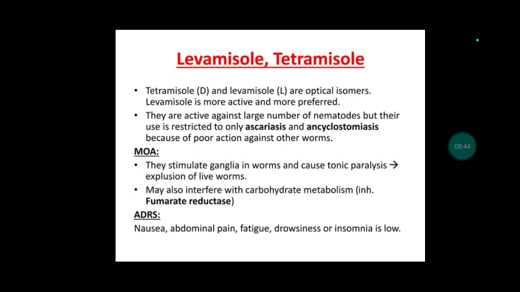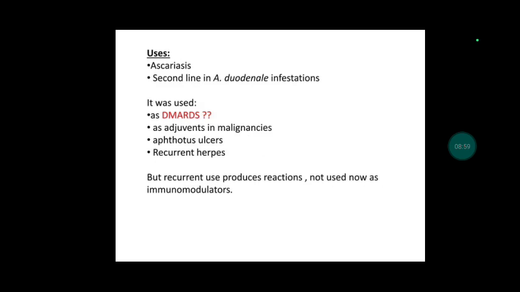They stimulate ganglia in worms and cause tonic paralysis, expulsion of live worms. May also interfere with carbohydrate metabolism. Now the adverse drug reactions are nausea, abdominal pain, fatigue, drowsiness or insomnia. Uses: ascariasis, second line in duodenal infestations.